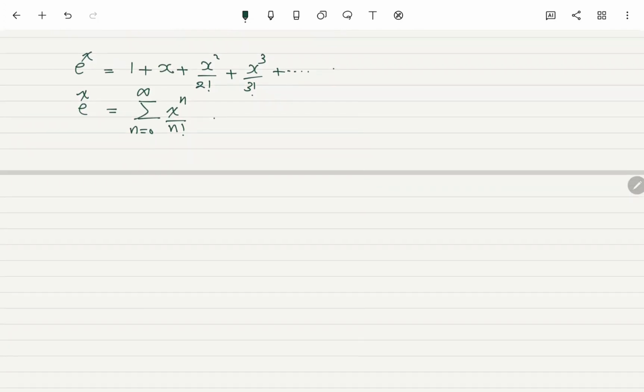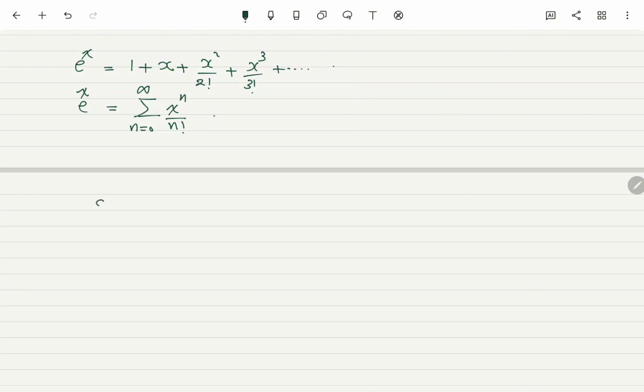Again, by using the definition of sine x equal to x minus x cubed over 3 factorial plus x to the power 5 over 5 factorial minus x to the power 7 over 7 factorial plus and so on.